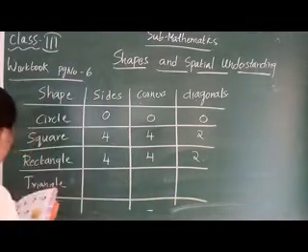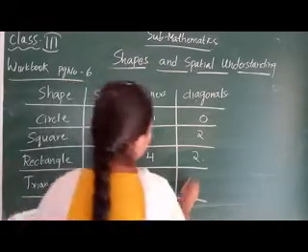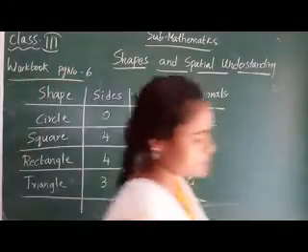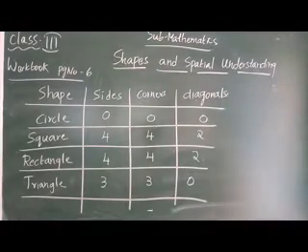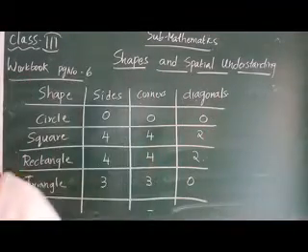Triangle, see? 3 sides, 3 corners, 0 diagonals. Once you write that one. Okay. Next.